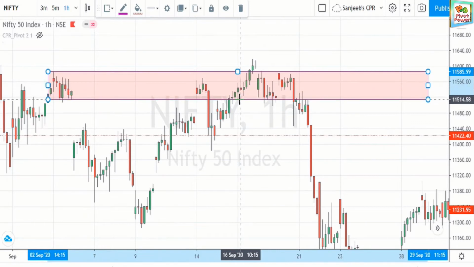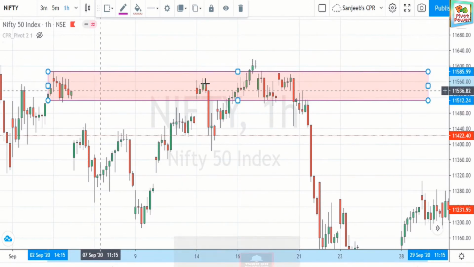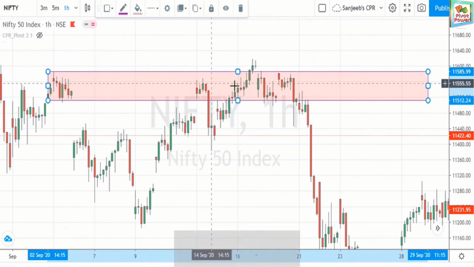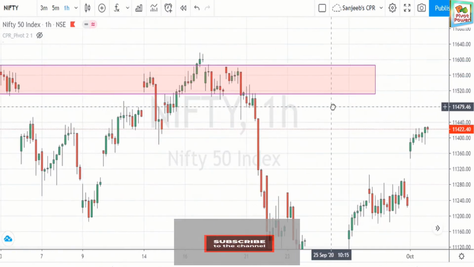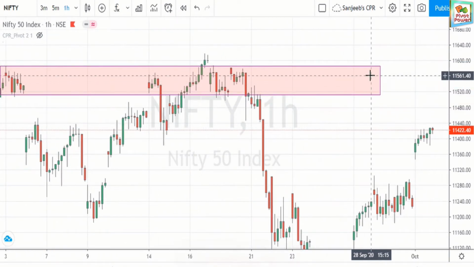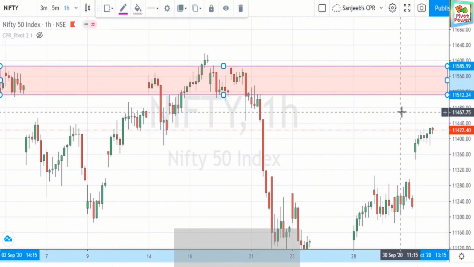This is the zone, an area from this to this. This is the upper level, this is the lower level. You can plot this and extend it here.